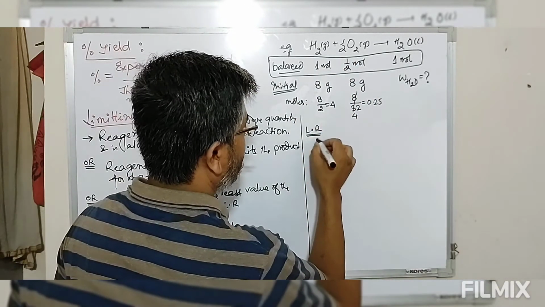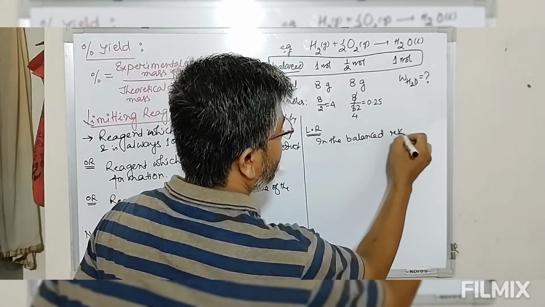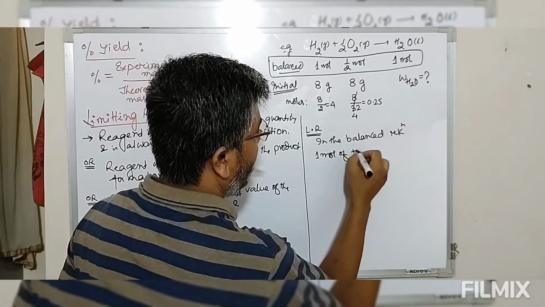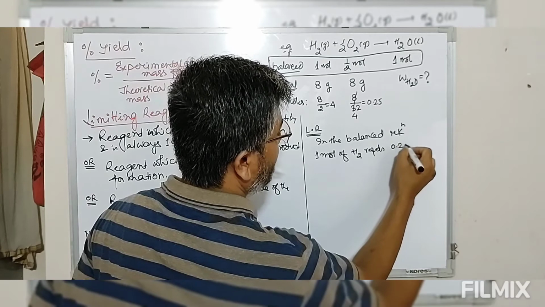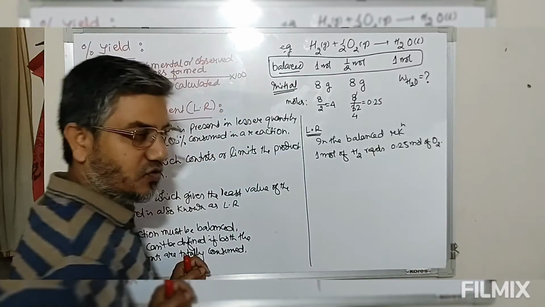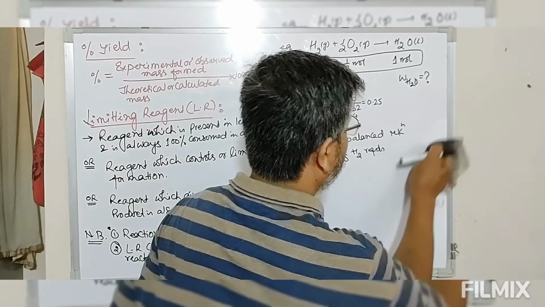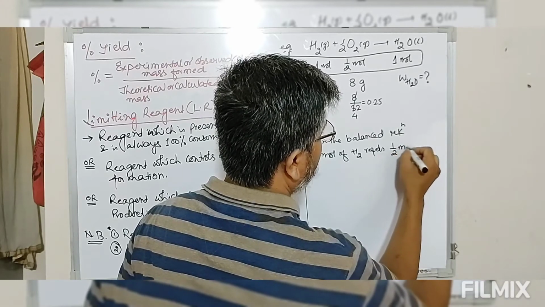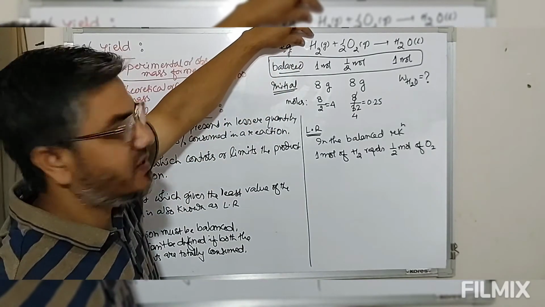So in the balanced reaction, 1 mole of hydrogen requires 0.5 mole of oxygen gas. This is the one obtained from the balanced reaction.